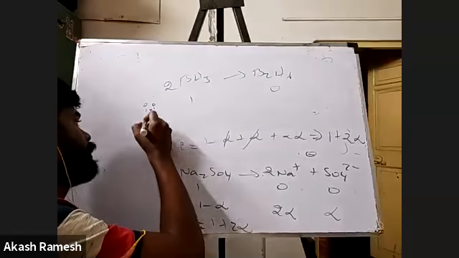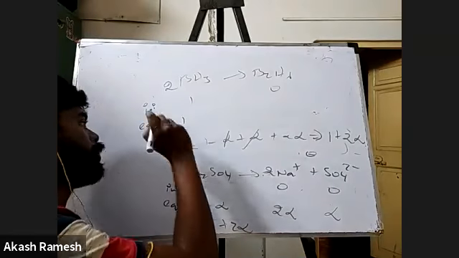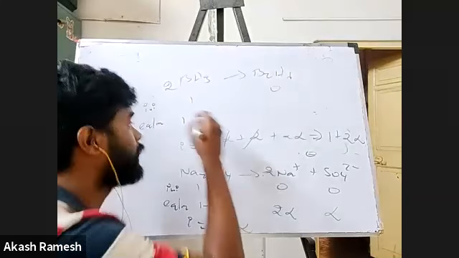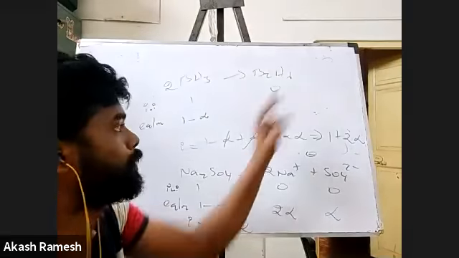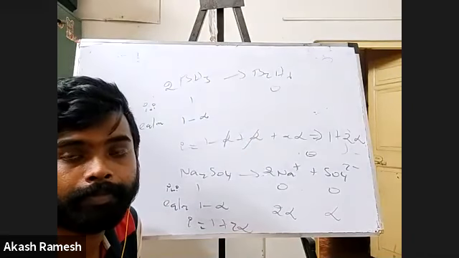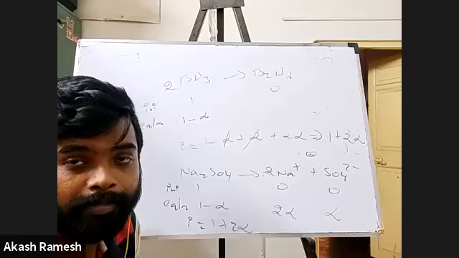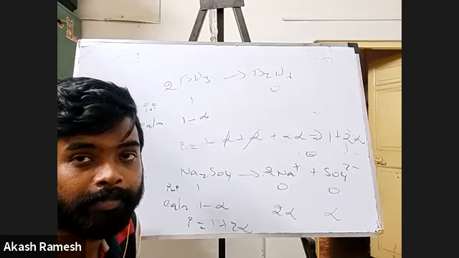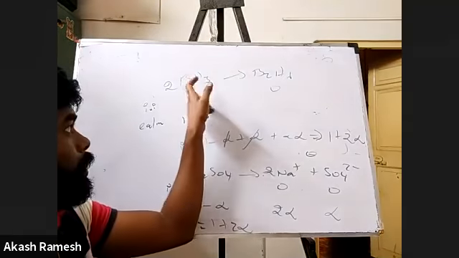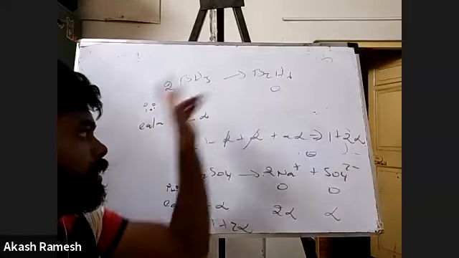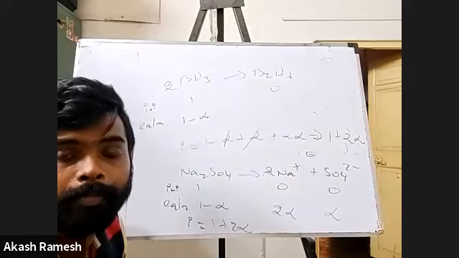Now at equilibrium, please remember: if I write 1 minus alpha, what should come here? Look at the numbers here and here and tell me. Alpha by 2, sir. Absolutely.